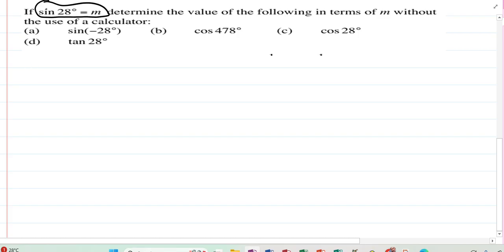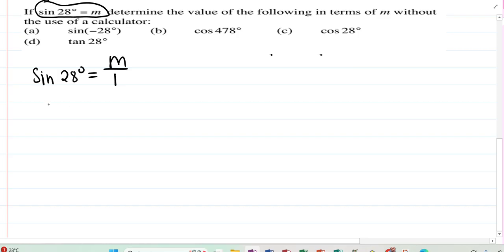Every time I come across a sine of a particular number equal to a particular letter, I refer to this as an alphabet problem. So how do I deal with an alphabet problem? The first thing I do is divide that letter given to me by 1. They said that sine of 28 degrees is equal to m. I divide that m by 1.